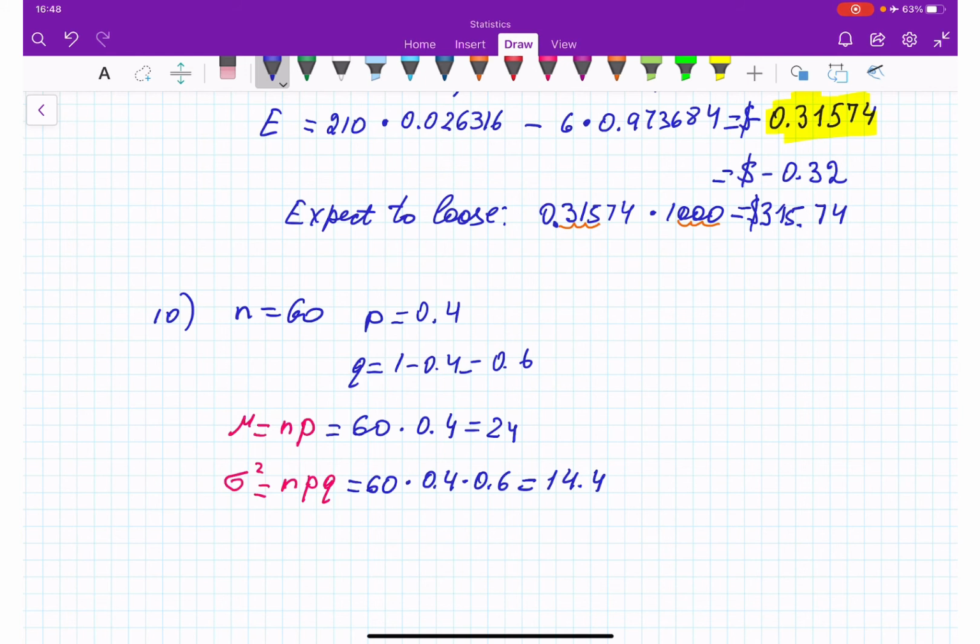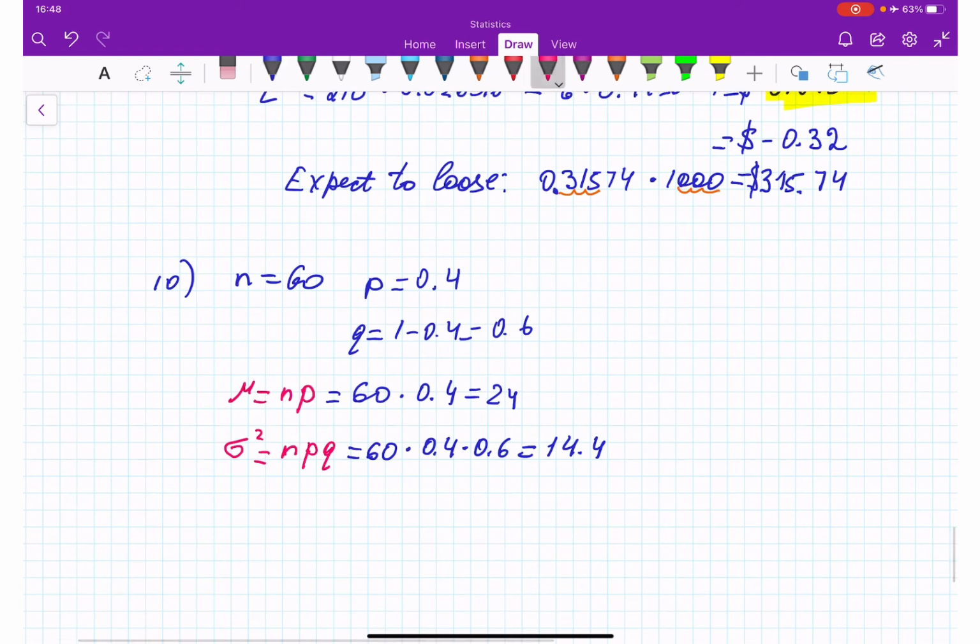Okay, and the standard deviation is going to be the square root of npq, which is going to be 3.8.